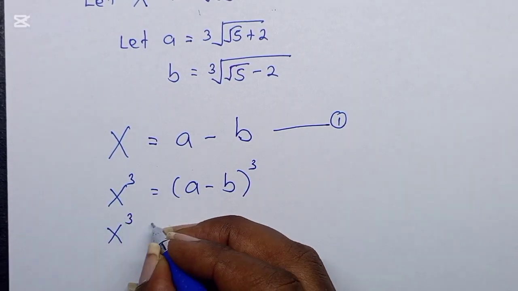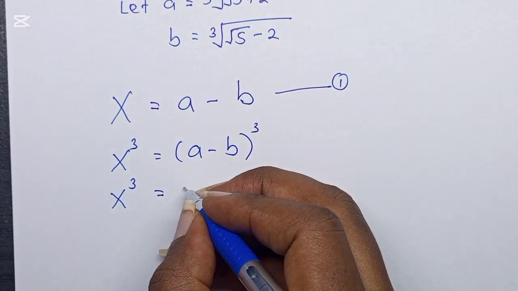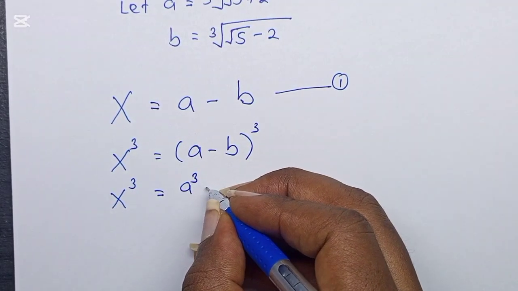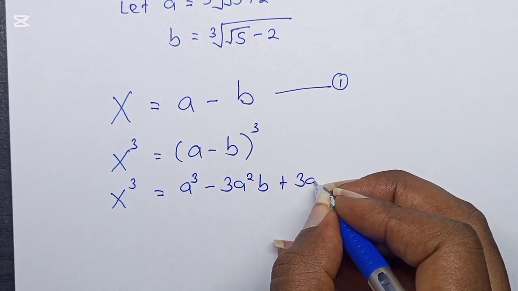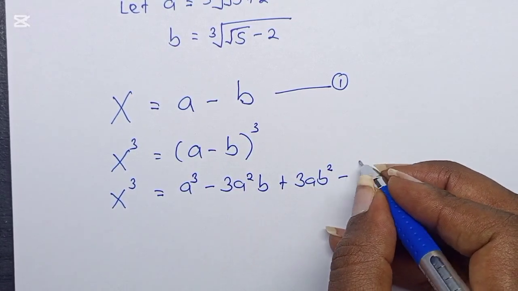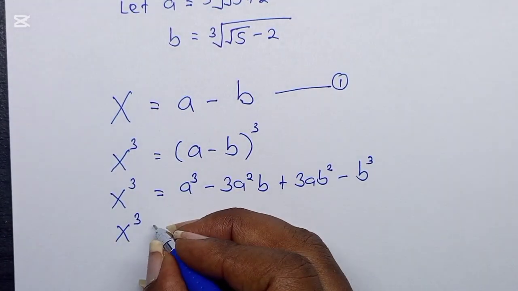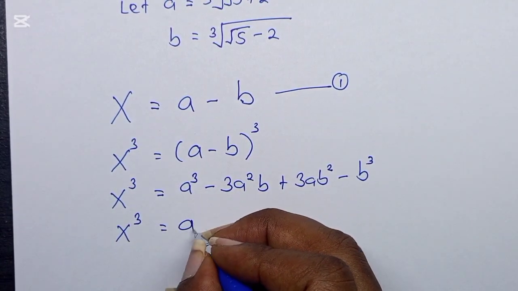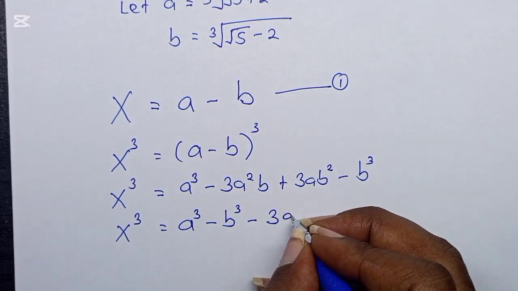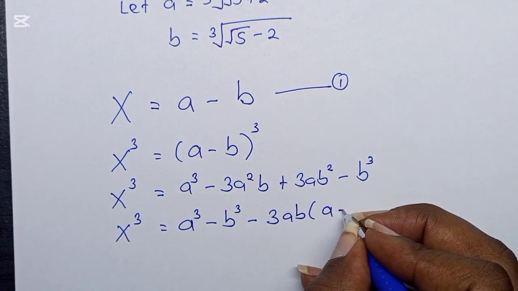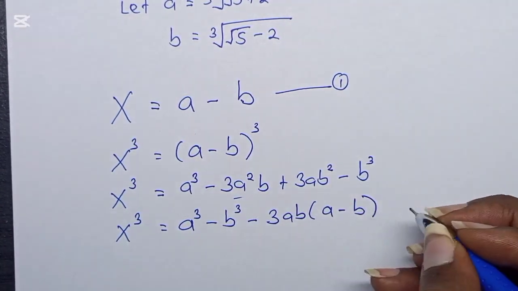When we expand it, it gives us a cubed minus 3a squared b plus 3ab squared minus b cubed. So x cubed will be equal to a cubed minus b cubed minus 3ab into (a minus b), when you consider this and this.